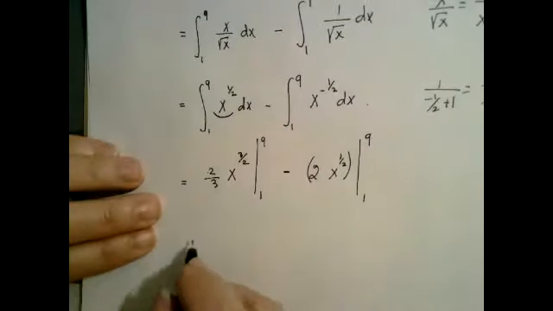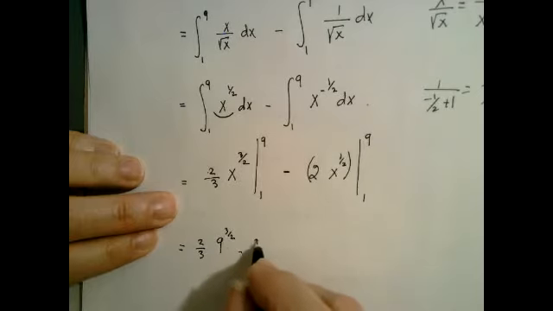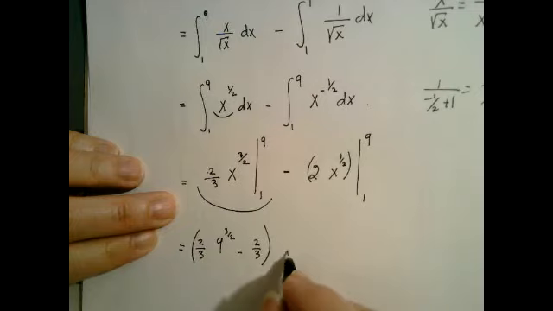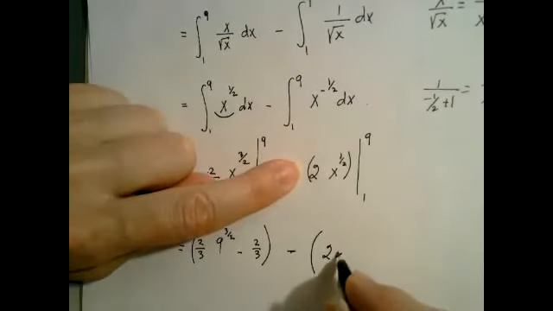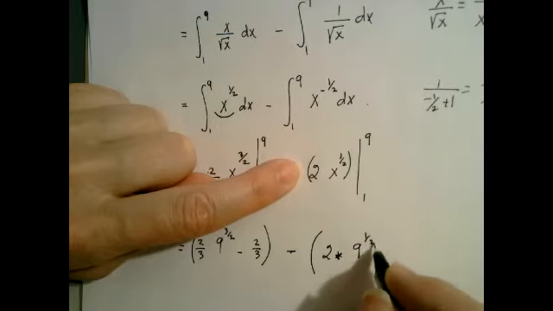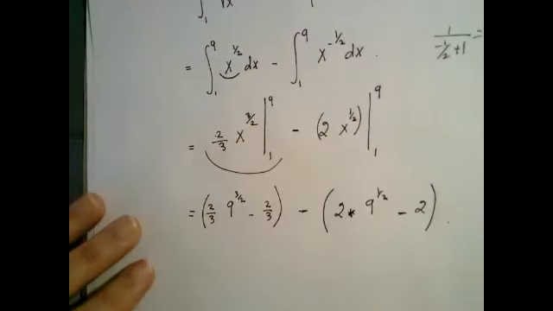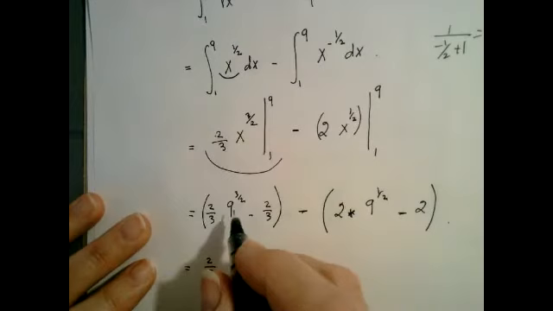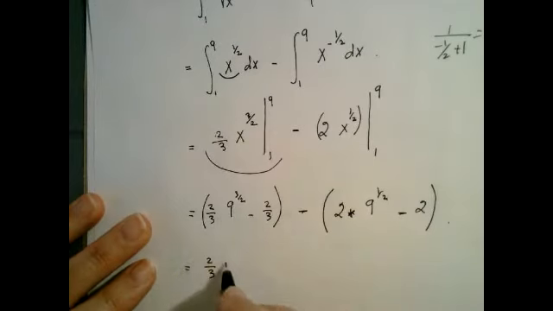Okay. And then finally, I get 2/3 times 9 to the 3 half, minus 2/3. That's for this piece. Minus, for the second piece, 2 times 9 to the power a half, minus 2. And the rest is actually simple math. It's 2/3. 9 to the power 3 half means 3 to the power 3, it's 27.